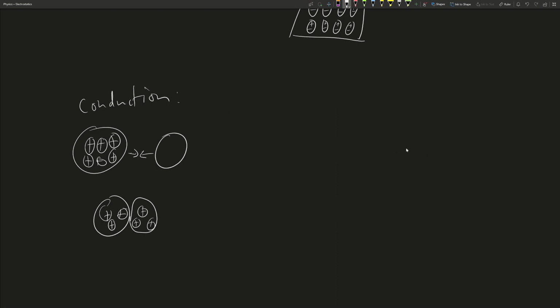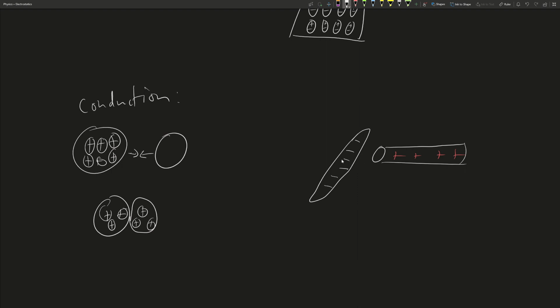However, let's say you have a case where you have a positively charged pipe, and then you have a negatively charged insulating rod. You bring them into contact. Now, since the rod is an insulator, when you bring it into contact with this positively charged conducting pipe, the charges inside the pipe can move around, but the charge inside the rod cannot.